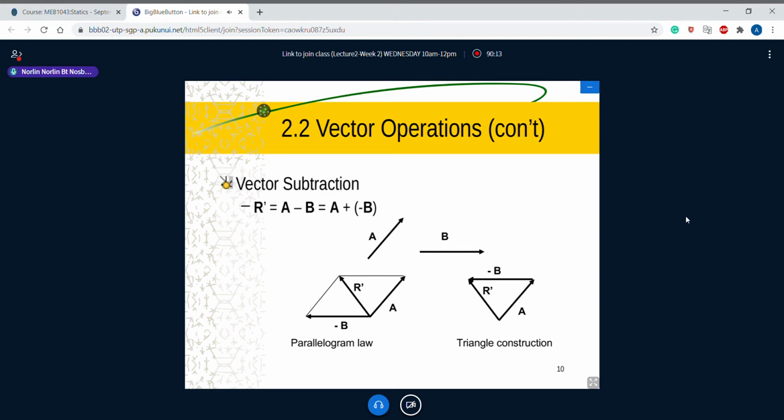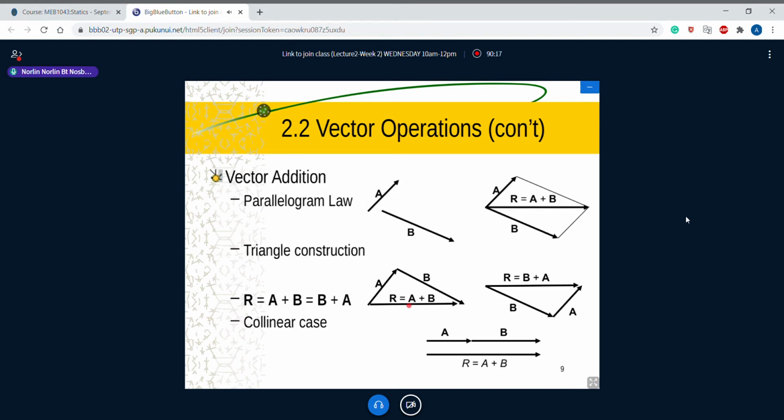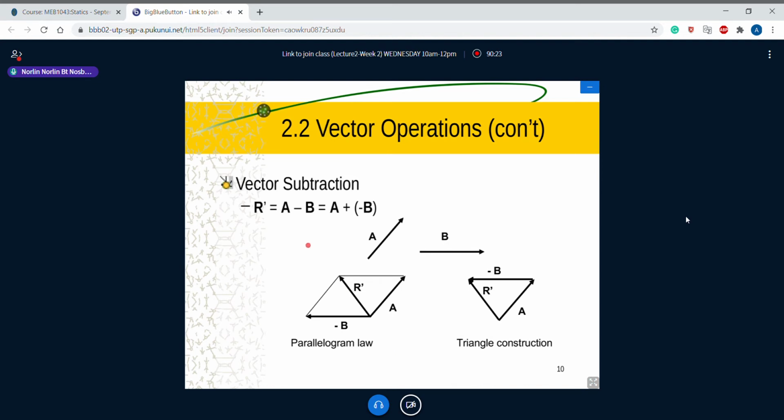Okay, what is the difference between R and R prime? Just now, for addition, the symbol is R. And then for subtraction, the symbol is R prime. The prime was assigned here because it wants to show you the difference between addition and subtraction.